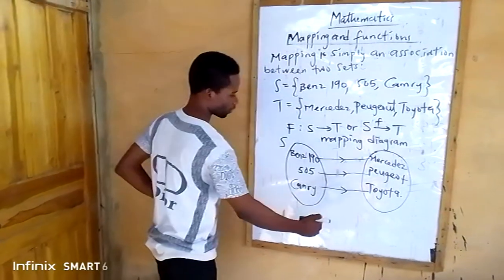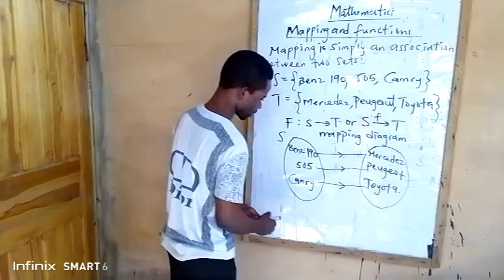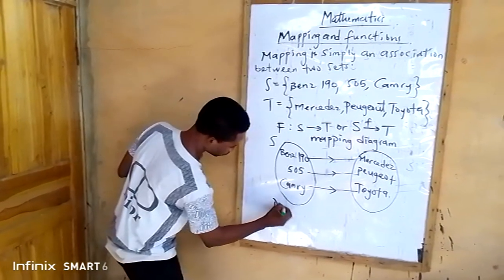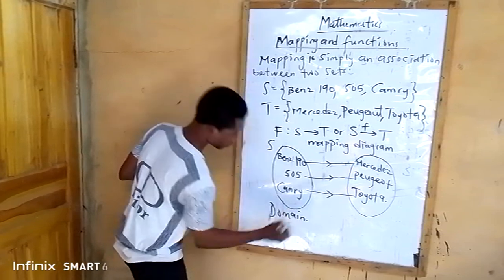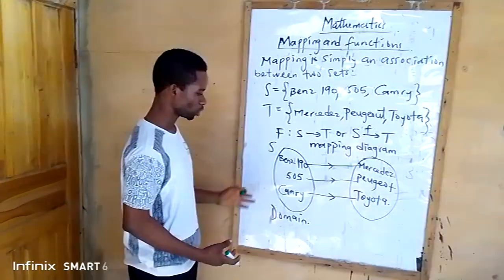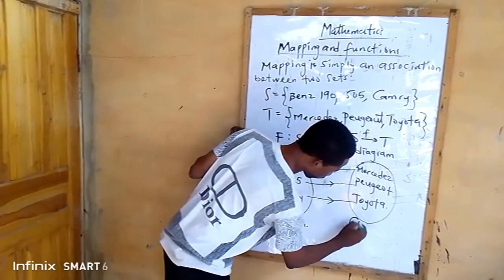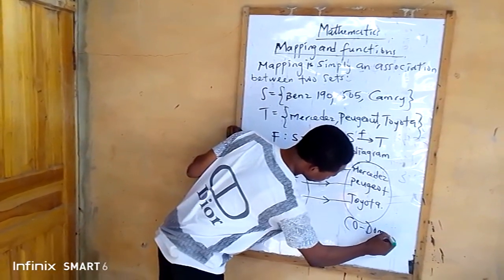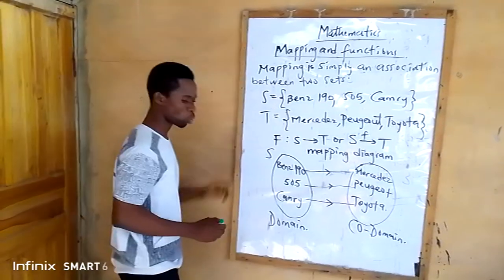The one I have at my left hand side, we call it domain. And the one we have here on the right, we call it co-domain.